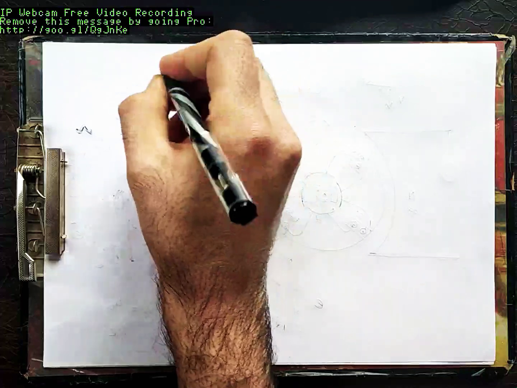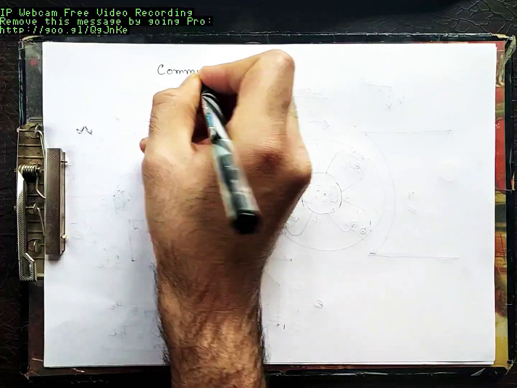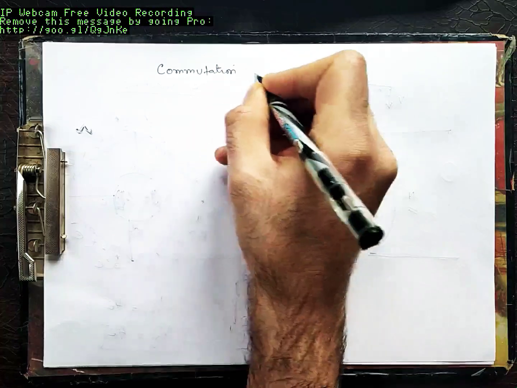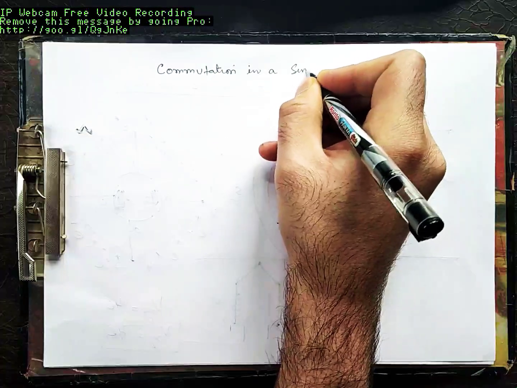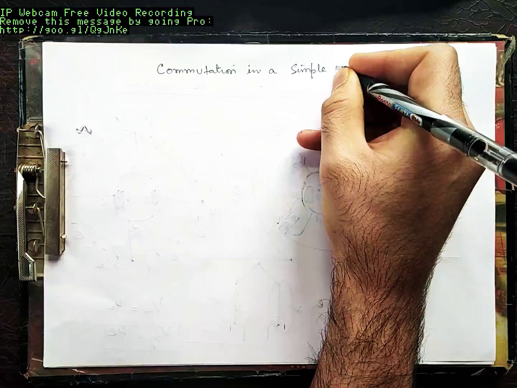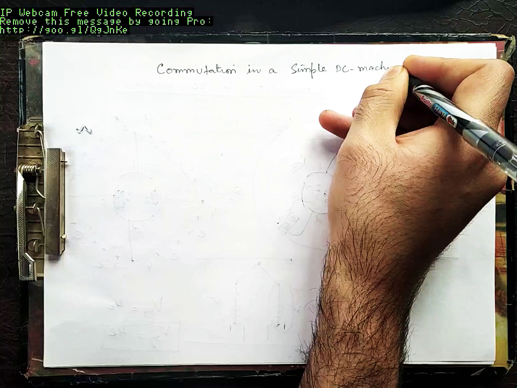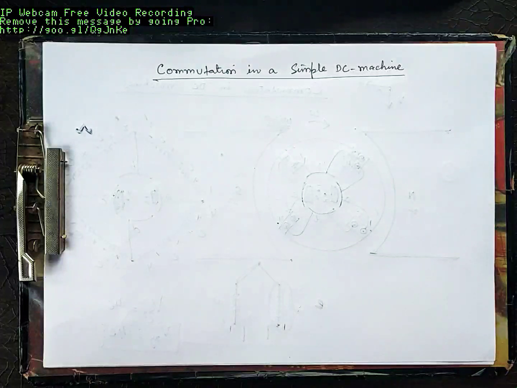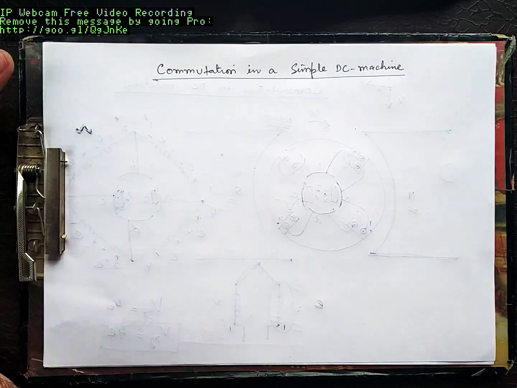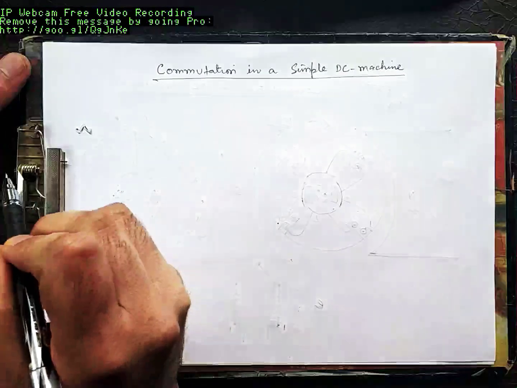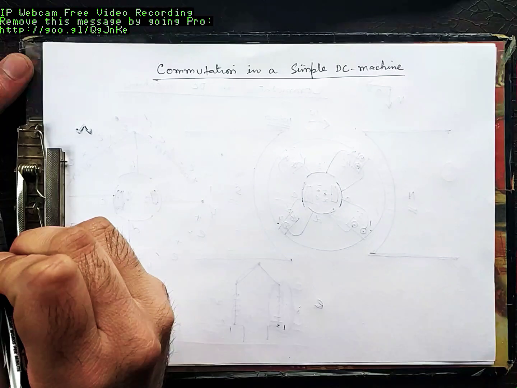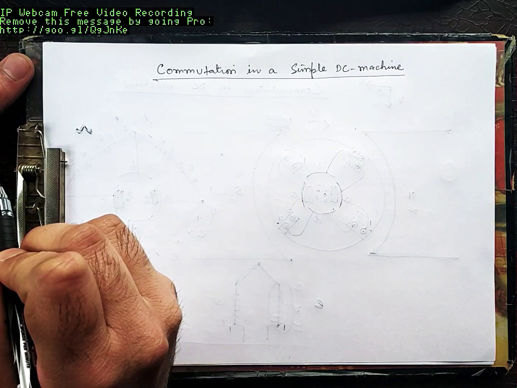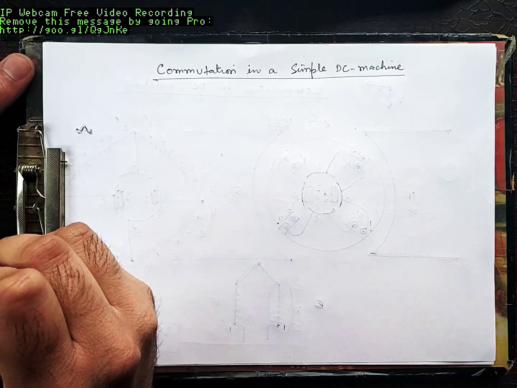Commutation in a simple DC machine. Since we know that in a DC machine, electricity is generated, or power is generated, as AC.